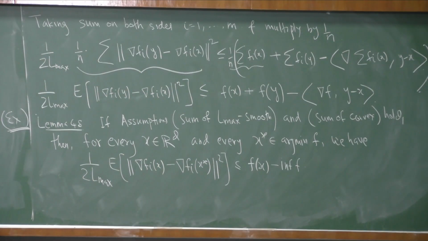In fact, the exact hint is told to you: apply lemma 4.7 with x equal to x star, y equal to x. So it's supposed to be an easy one.